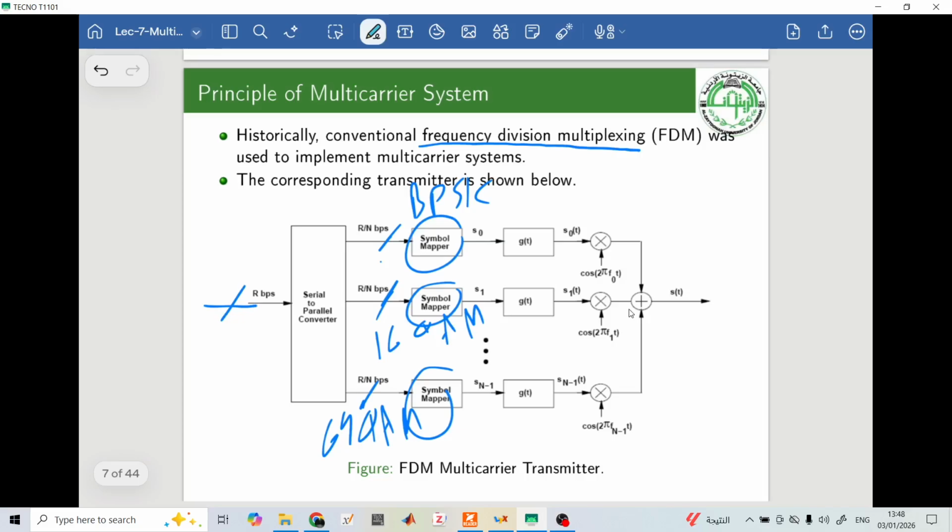Here maybe we can use 64 QAM. Okay, then we use a pulse shape, and usually it is a square root raised cosine pulse shape. Then here we modulate it using a different subcarrier frequency. Then we add them up and send them to the RF front end.